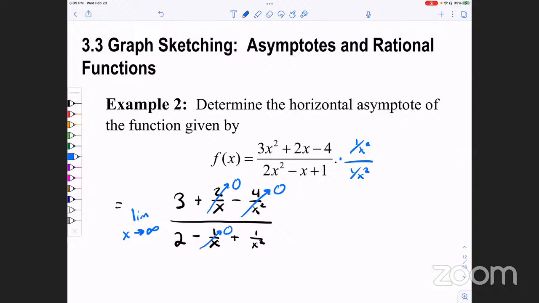As that denominator gets bigger and bigger and bigger, and the numerator is a fixed number, these terms all essentially go to 0, the further and further to the right we go. So then that's where we're left with the 3/2.